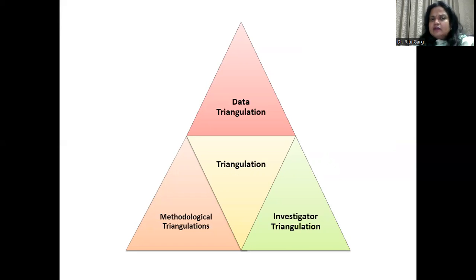And investigative triangulation, when more than one investigator conducts the study on a particular topic. Besides these, there can be theory triangulation where we can use different perspectives to analyze the data. So these are the triangulations which can be used for a comprehensive understanding of the topic. So this is all about the qualitative research methods.